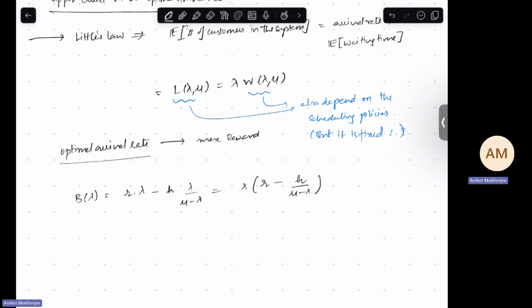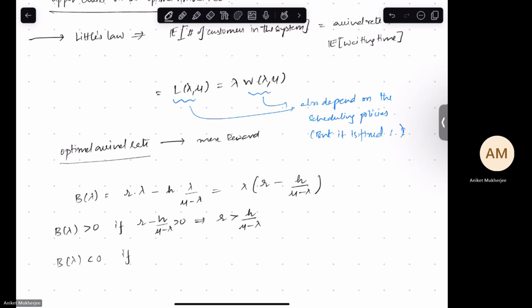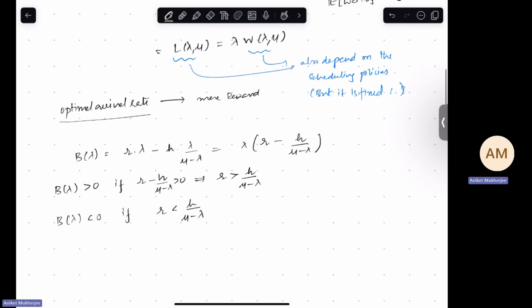Now we know that lambda is greater than 0 because of the constraints. So we get B(lambda) is greater than 0 if r minus h by (mu minus lambda) is greater than 0, which implies if r is greater than h by (mu minus lambda), then B(lambda) is greater than 0, and B(lambda) is less than 0 if r is less than h by (mu minus lambda). Okay.